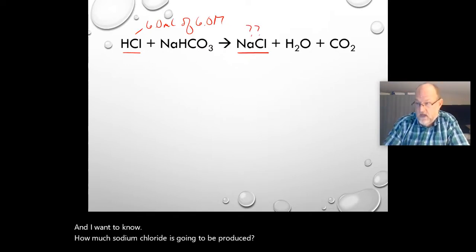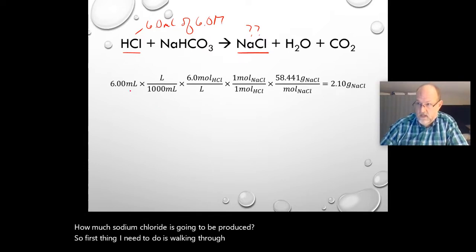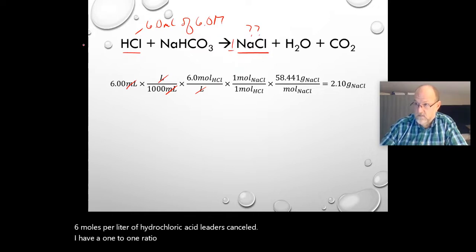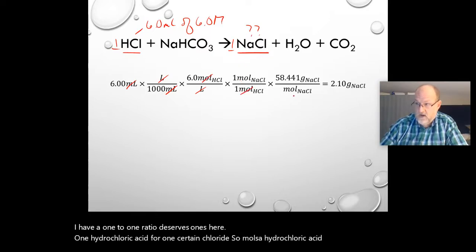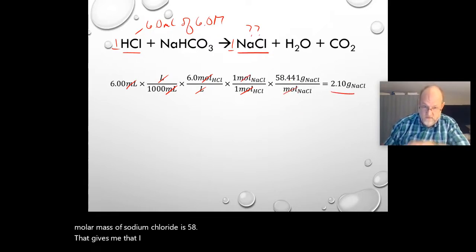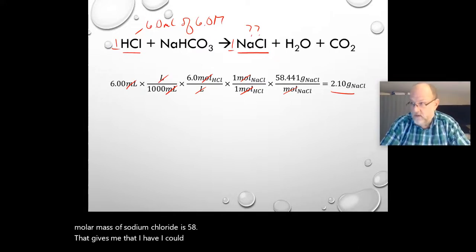So the first thing I need to do is walk it through stoichiometry. 6 milliliters at 1,000 milliliters per liter, milliliters cancel. 6 moles per liter of hydrochloric acid, liters cancel. I have a 1-to-1 ratio because there's ones here: 1 hydrochloric acid for every 1 sodium chloride, so moles of hydrochloric acid cancel. The molar mass of sodium chloride is 58. That gives me that I could produce 2.1 grams of sodium chloride.